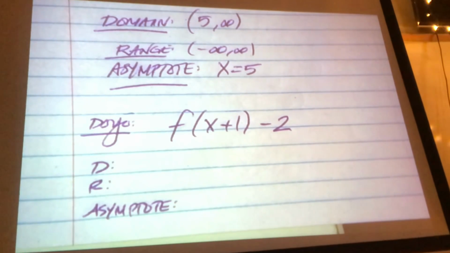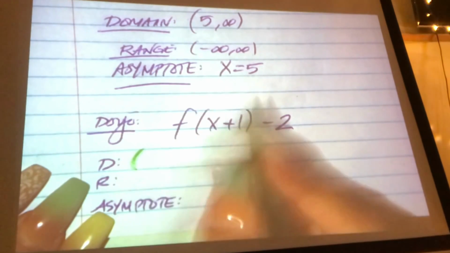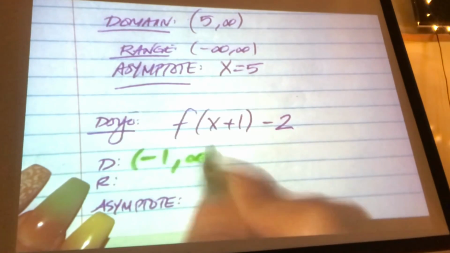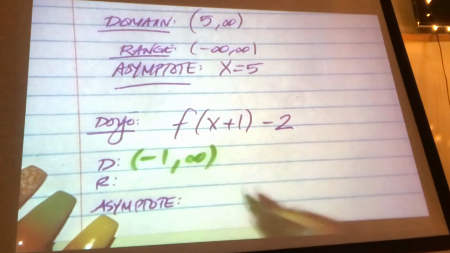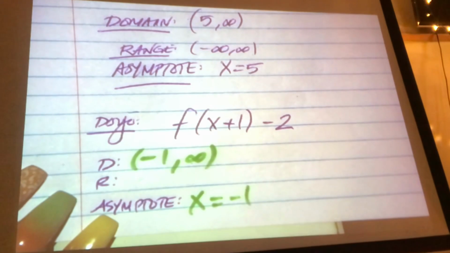Good job. But what's the asymptote? What letter? Y or X? Make sure you put that. Kanoa, what's your domain? Good job. Therefore, what's your asymptote? Good job. So here, what's your range?